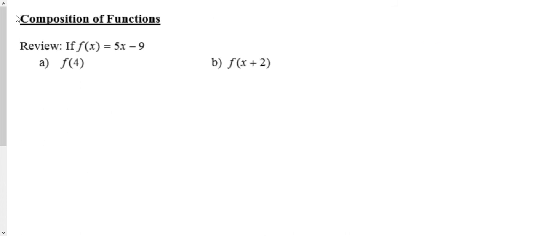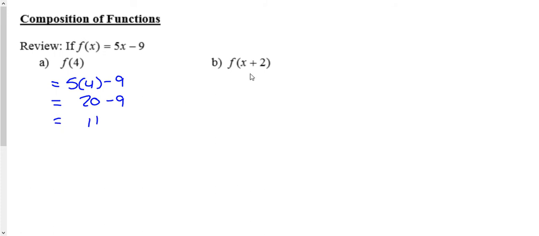In today's lesson, we're going to review composition of functions. To do that, first off, we've got to review what a function is and how it works. So if I had f of 4 in this equation, all I'm going to do is sub in that 4 for every single x and complete the equation. So of course this is 20 minus 9, which is just 11.